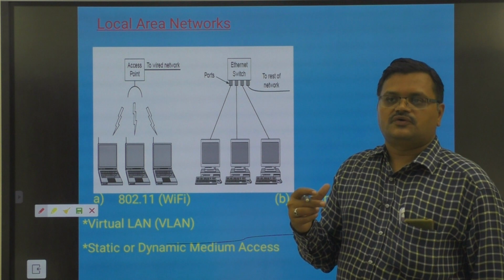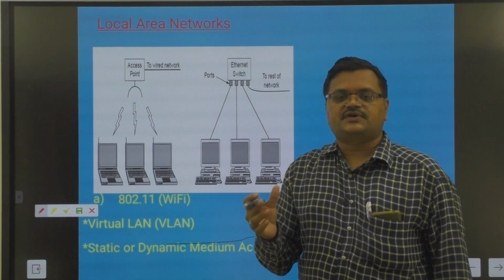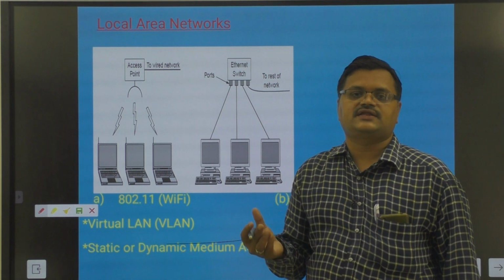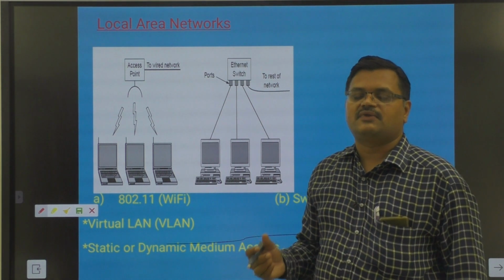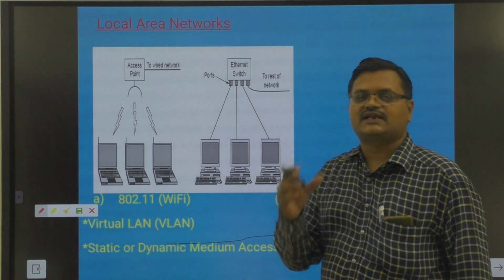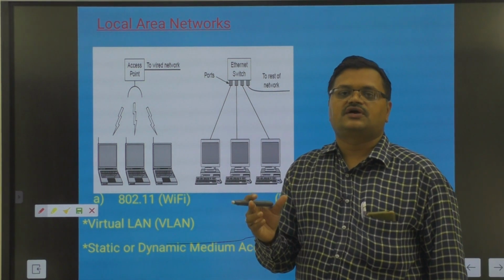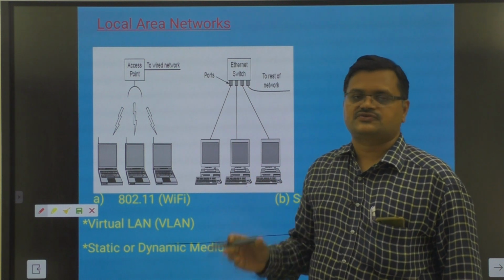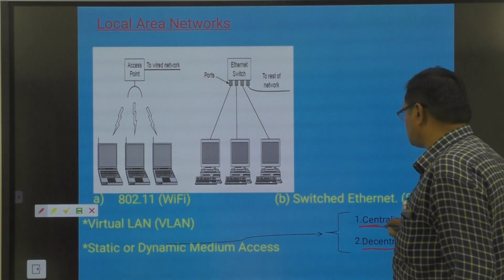If more than one system tries simultaneously to access the channel, which one should get access now? That will be decided by the centralized algorithm. There is a centralized server which decides which system will now get the chance to access the channel. That is decided by the centralized approach.